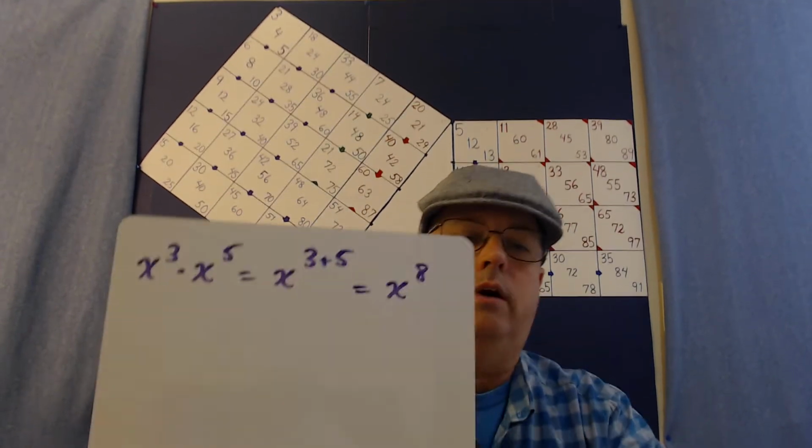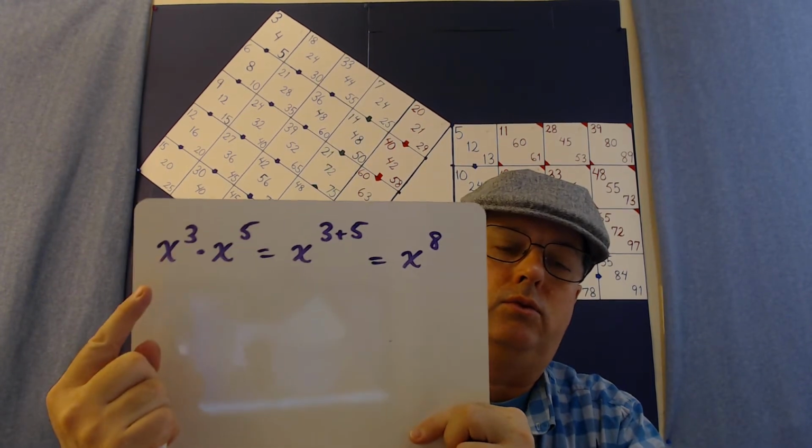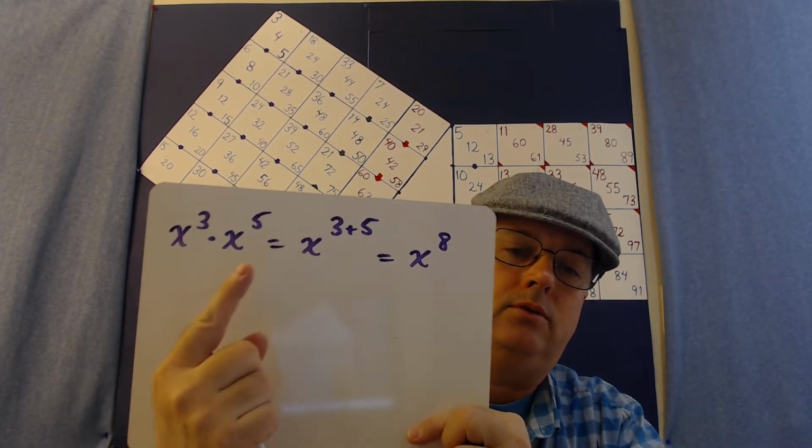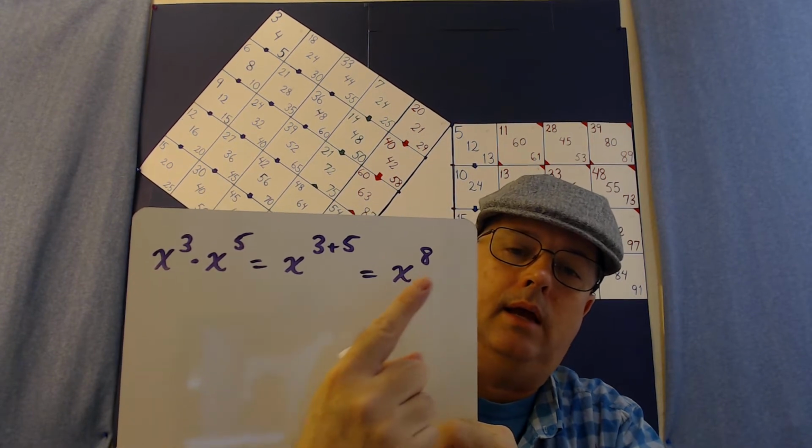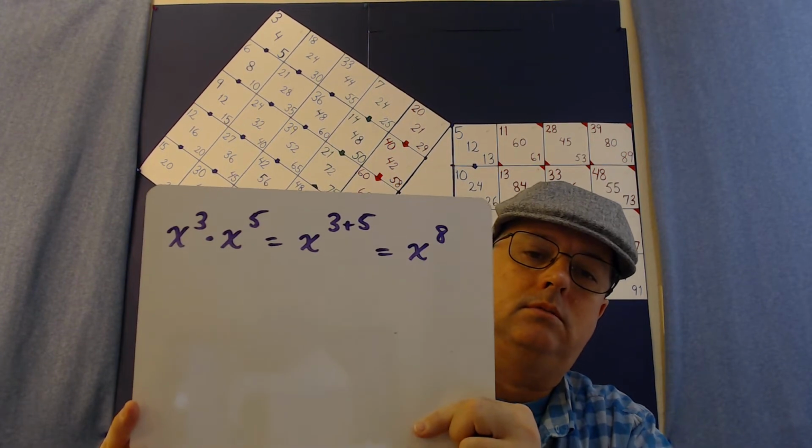If we have x to the third times x to the fifth, we would add those exponents and we would get x to the 8th. Isn't it that 3 x's multiplied by themselves and 5 more x's multiplied by themselves means we have 8 x's multiplied by themselves?